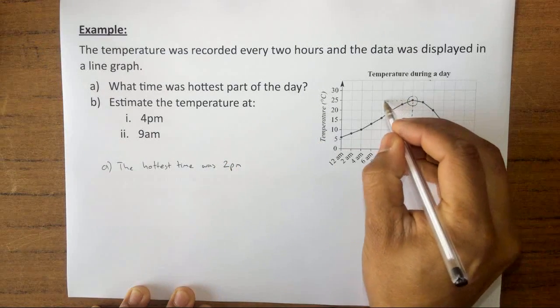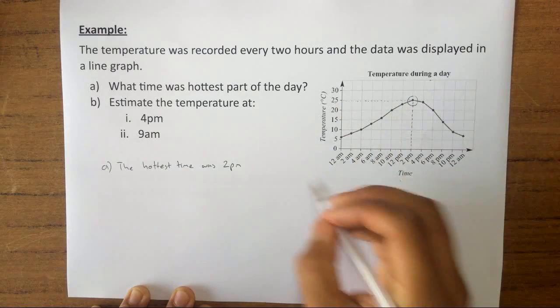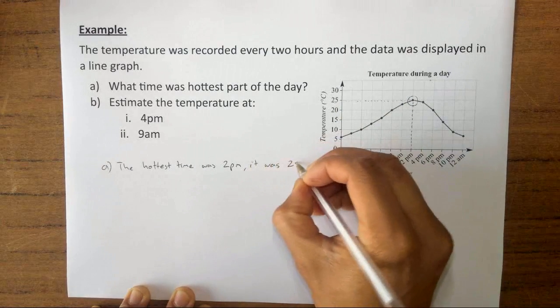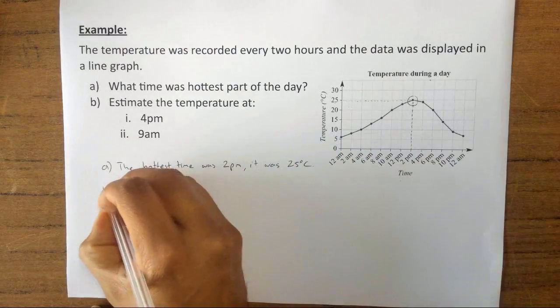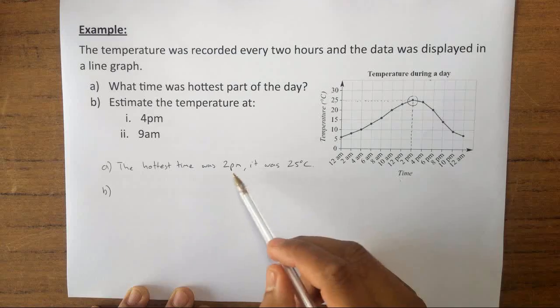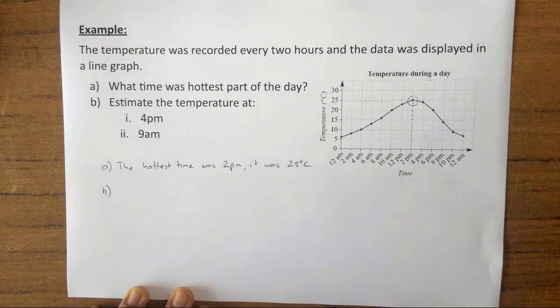So we're going to take this line across and find out what the temperature was. We can see it was 25 degrees. Again, I didn't just leave the answer as just 2 p.m. I put it in terms of a sentence and added some more information.